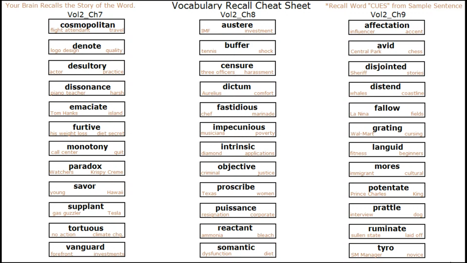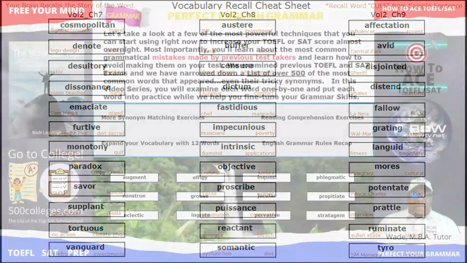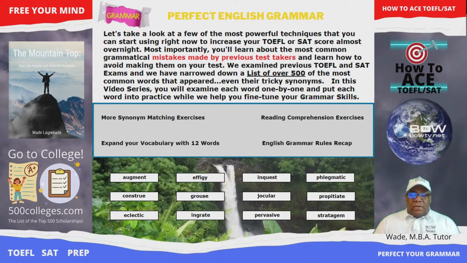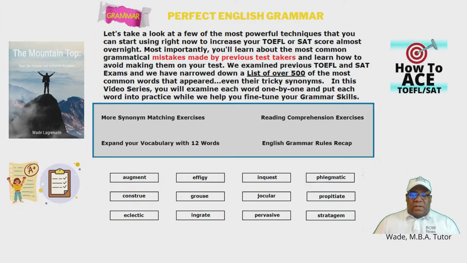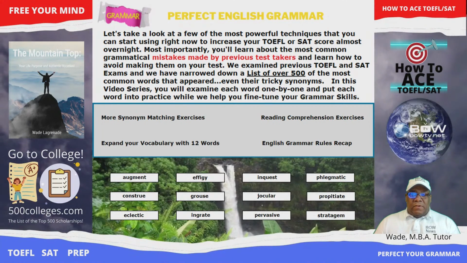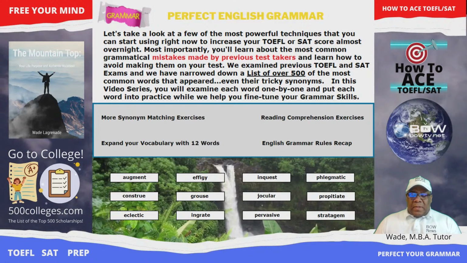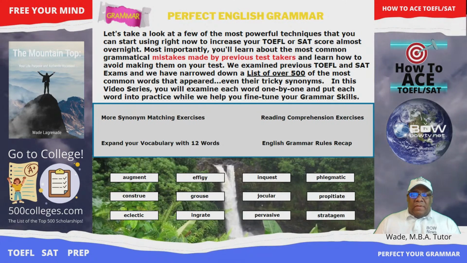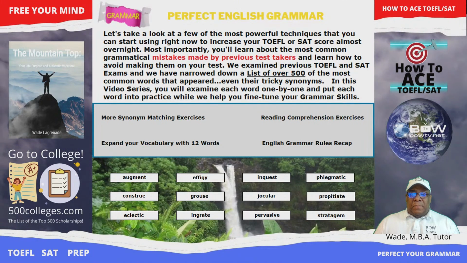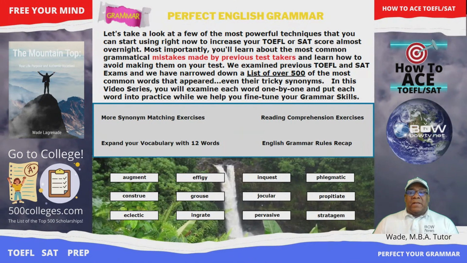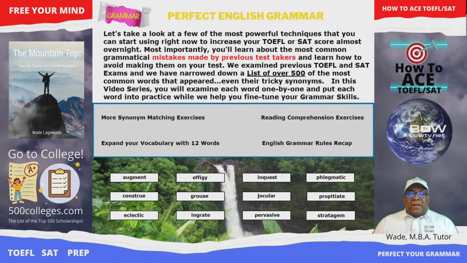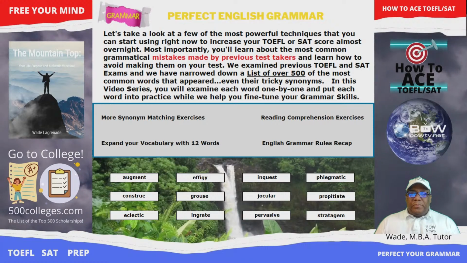So there we have our latest 12 words that we're working on for today, Volume 3, Chapter 2. We're spending a lot more time on the vocabulary recall cue sheets. That will simply help you to use the different techniques that we've used here to ingrain the vocabulary, whether it's for TOEFL or SAT or any other standardized exam that is coming up.